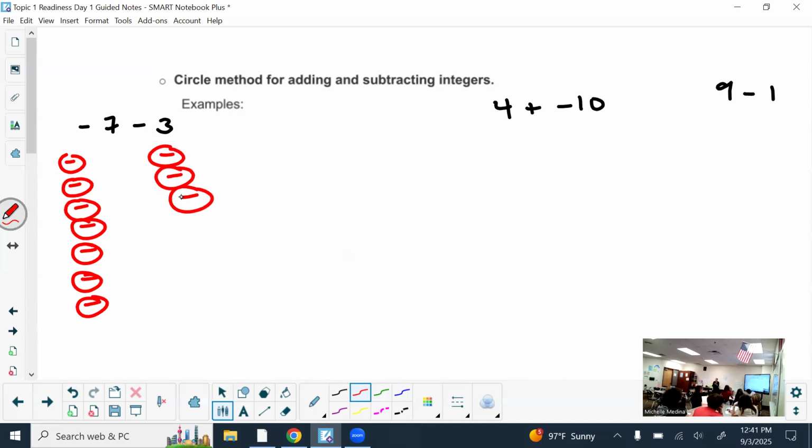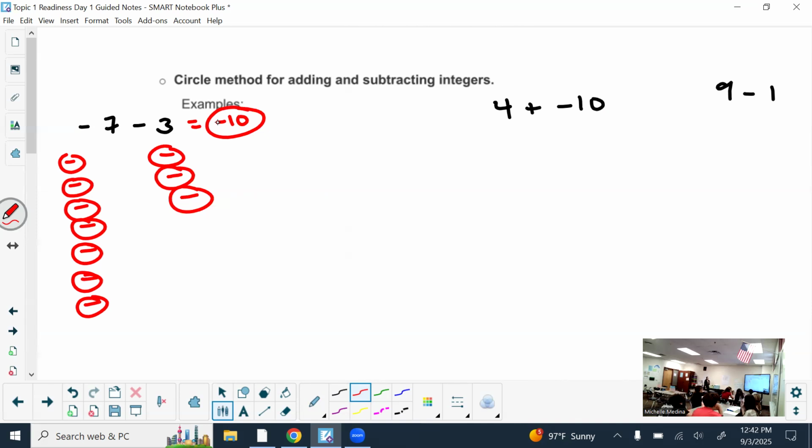Do any of them cancel out? When I say cancel out, I mean a plus and a minus cancel together, right? None of them canceled. How many total negative bubbles do I have? So guess what my answer is going to be? -10.